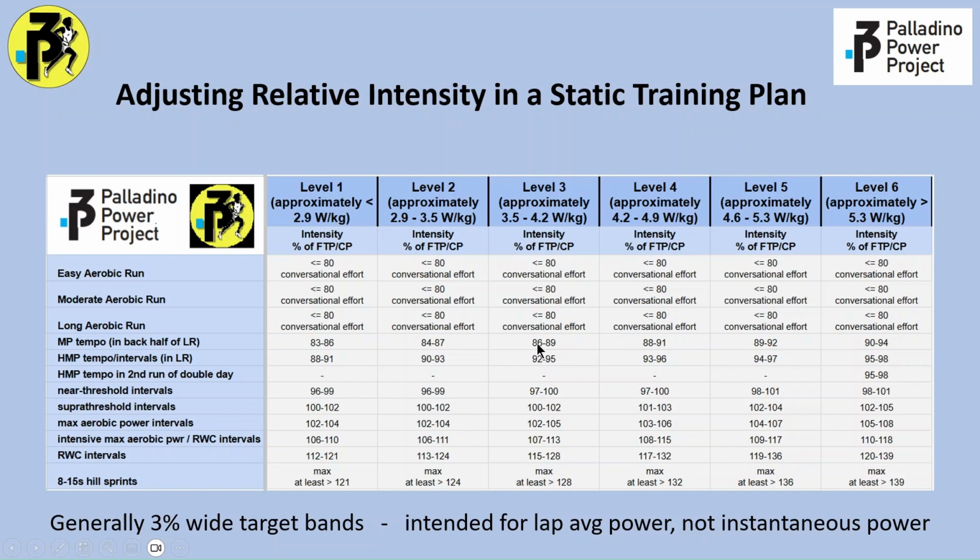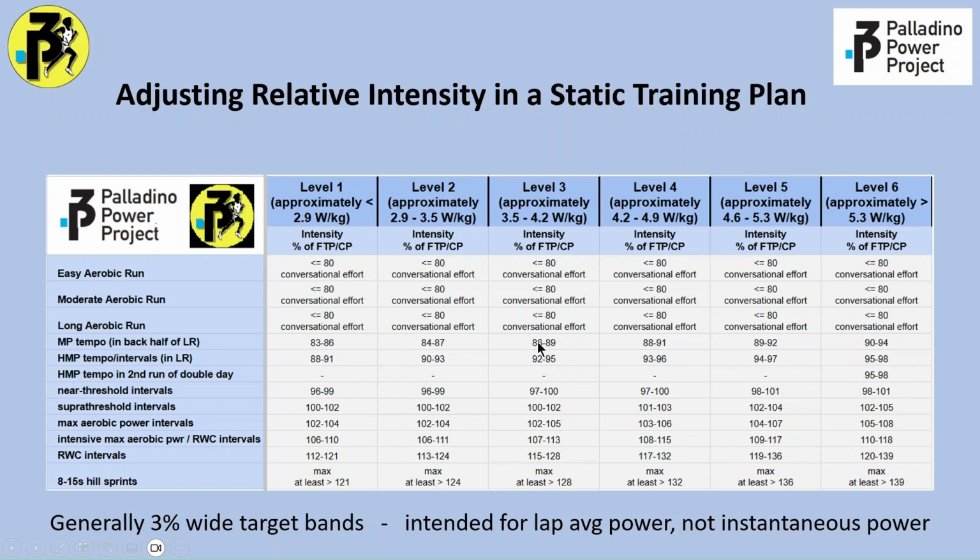Let's say we widen this by 2% on either side, so now it's 5% wide. Well, up here, 91%, for this level, you're getting closer to half marathon power. And at the bottom, you're just a little bit too low, below expected percent of critical power you'll be executing for a marathon.